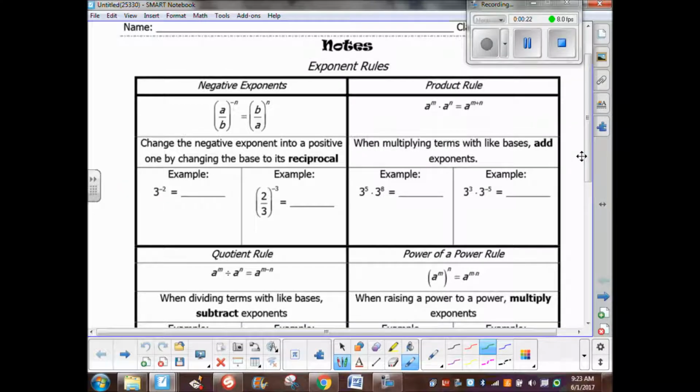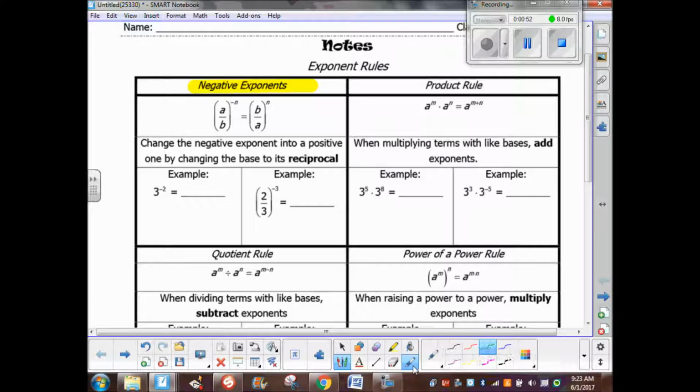Negative exponent. So let's talk about that first block there. If we have the rule that says a over b to the negative n is equal to b over a to the positive n, what happened from the left side of the equal sign to the right side? Lily, what happened?